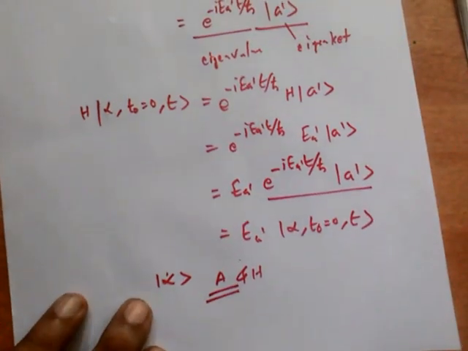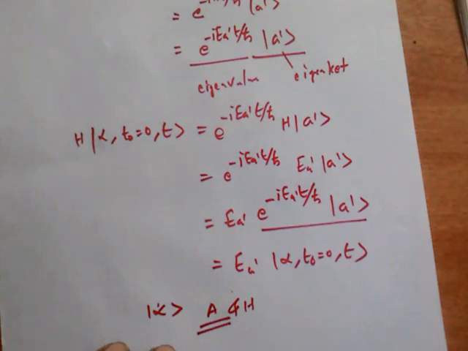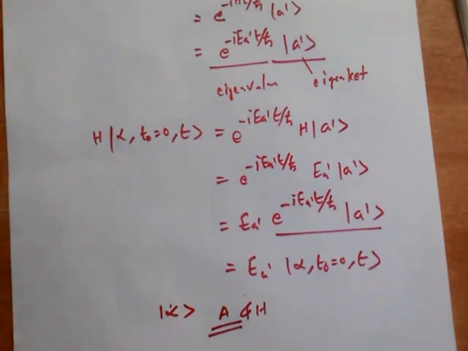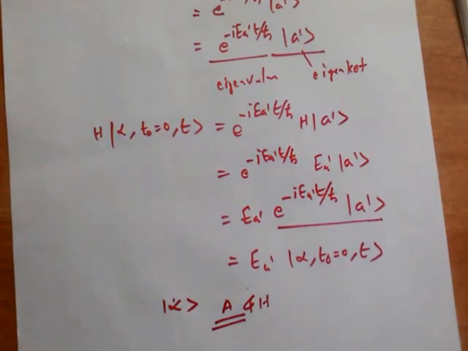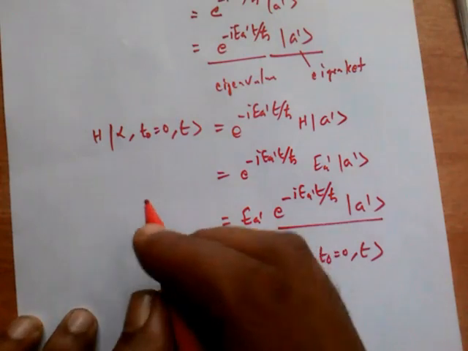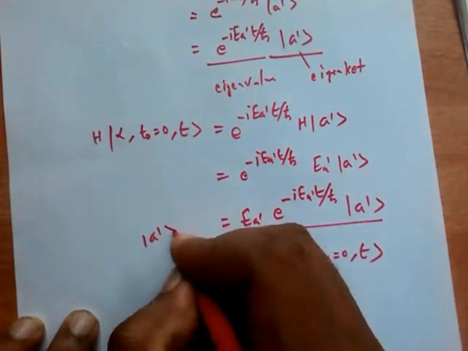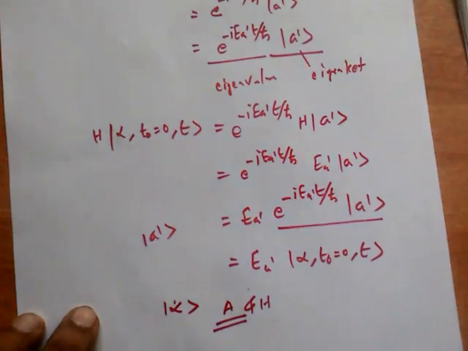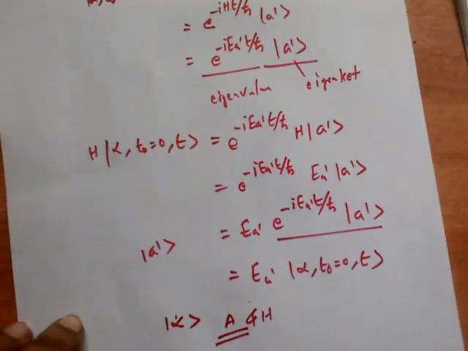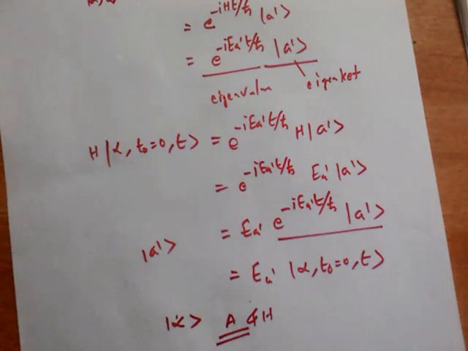Okay, so we have discussed the effect of the time evolution operator on some state ket alpha, and the effect of the time evolution operator on base ket |a'>, and we have finally reached, under the assumption that if at the initial time alpha is the simultaneous eigenket of A and H, it remains so at all times. Okay.